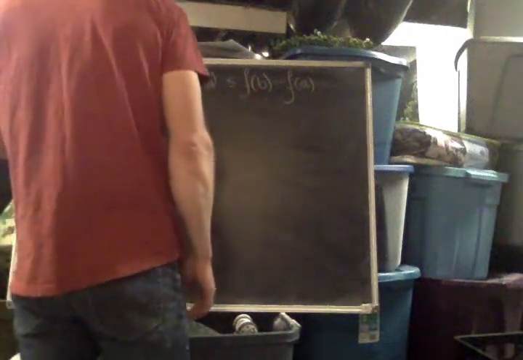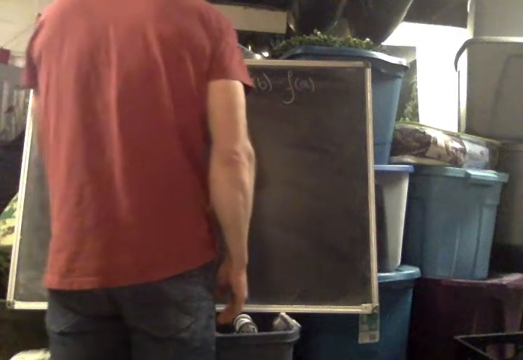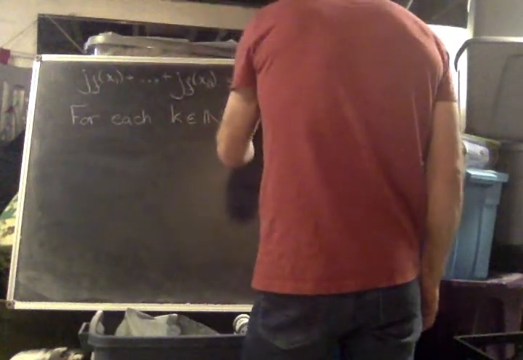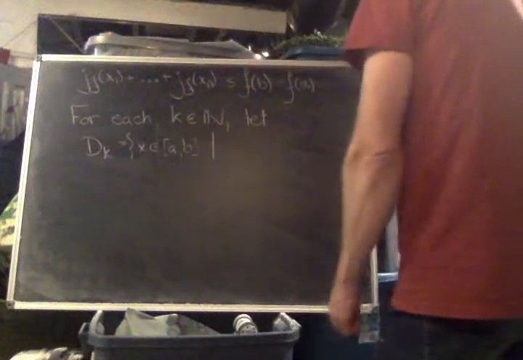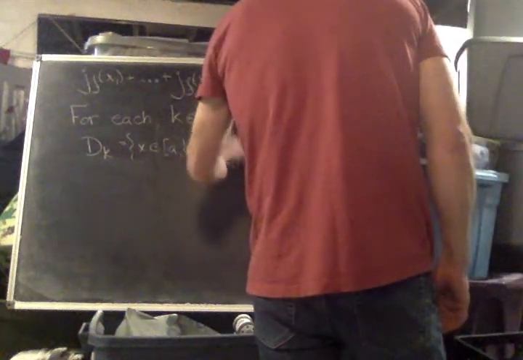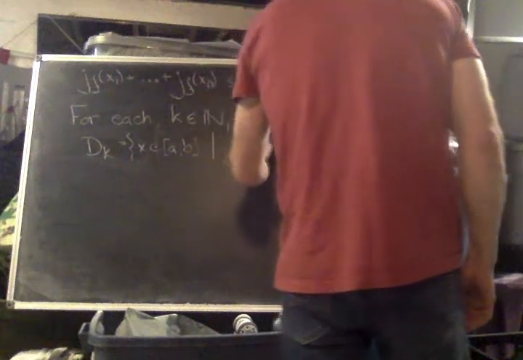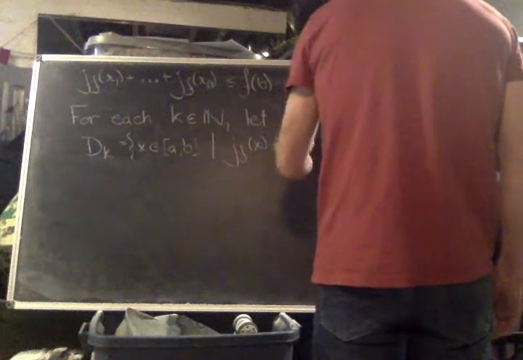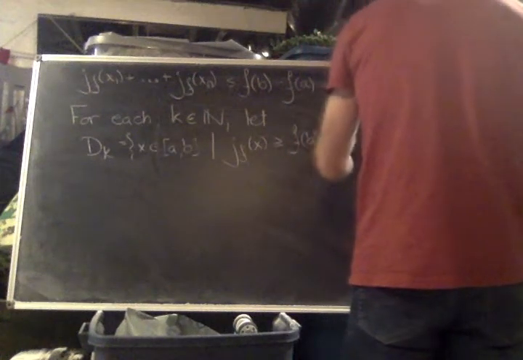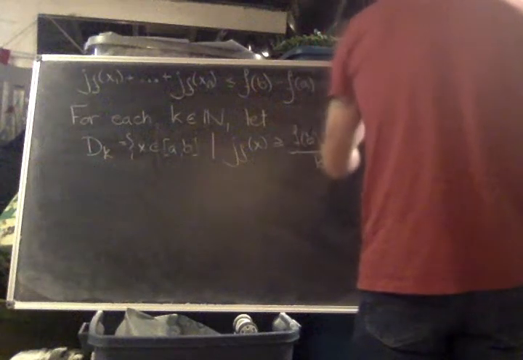So let's, for each natural number k, let capital D_k be equal to the set of x, to be specific, let's say x in (a,b) such that the jump of f at x is greater than or equal to (f(b) minus f(a)) all over k.